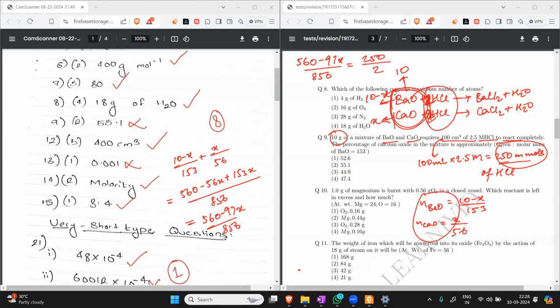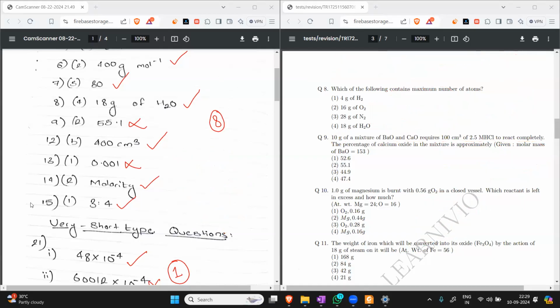So what we can say from here is that we can calculate the x here. ये कितना हो जाएगा: 2 into 560 minus 97x is equal to 856 into 250 divided by 2, approximate answer.